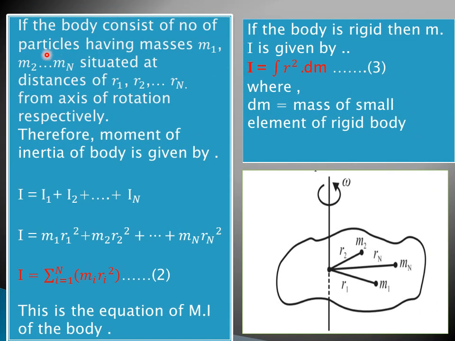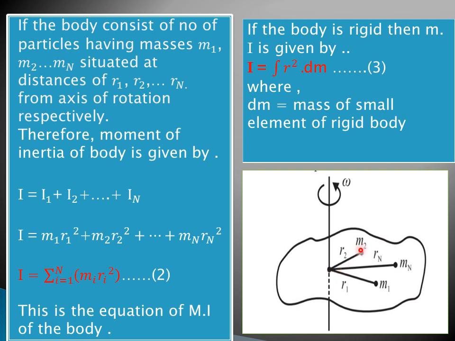Now we are going to start the expression for moment of inertia. If the body consists of a number of particles having masses m1, m2 up to mn, situated at distances r1, r2 up to rn from the axis of rotation respectively. See in the figure, this is the first particle of mass m1 at a distance r1 from the axis of rotation.